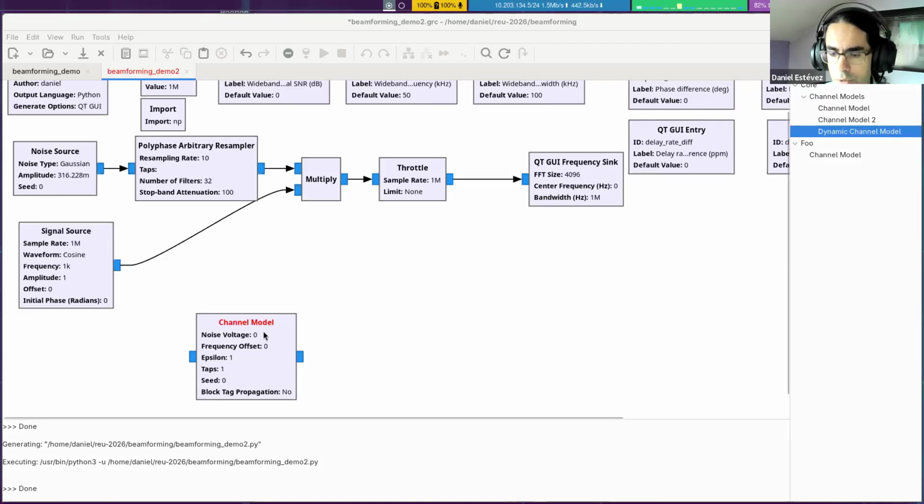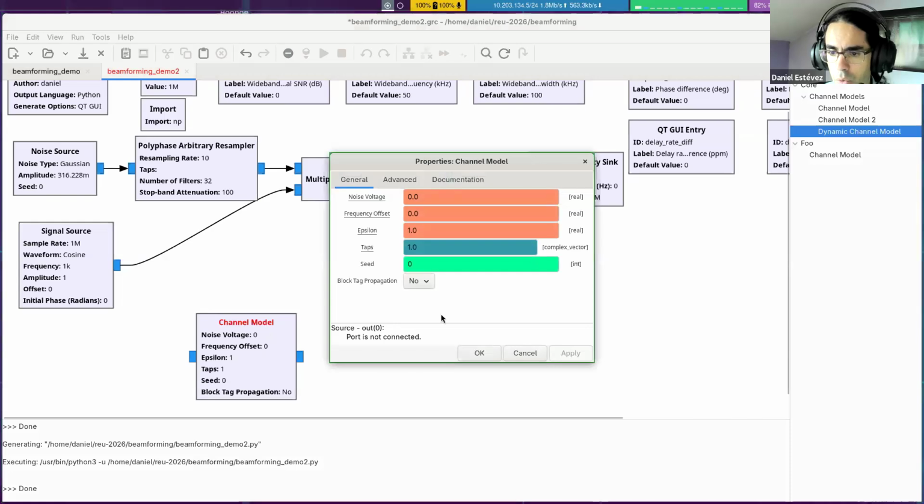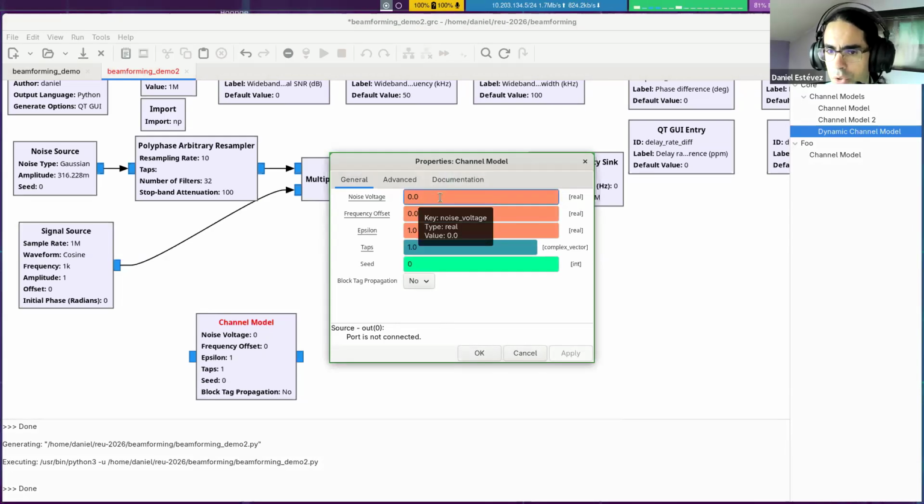So what does this channel model do, and what are the parameters here? The first parameter is called noise voltage, and maybe this should be called noise amplitude. It's called voltage because sometimes people like to think in electrical terms or in terms of electronic circuits.